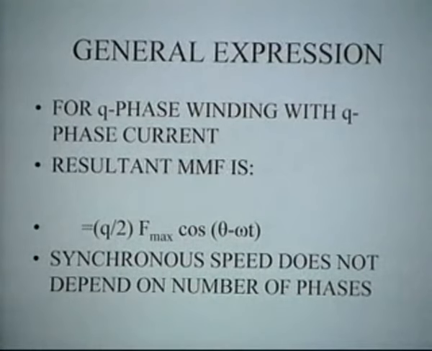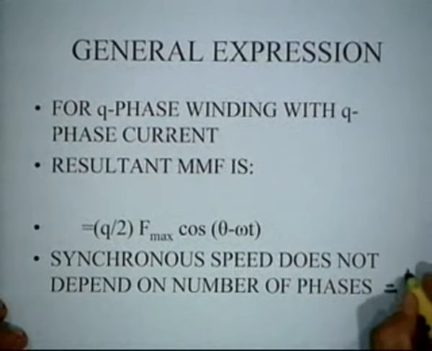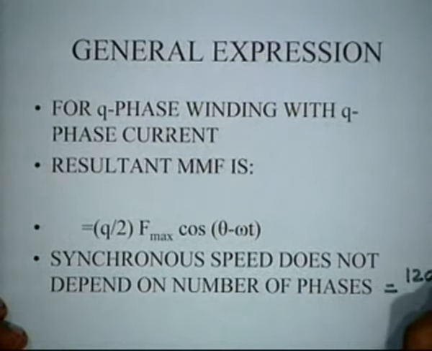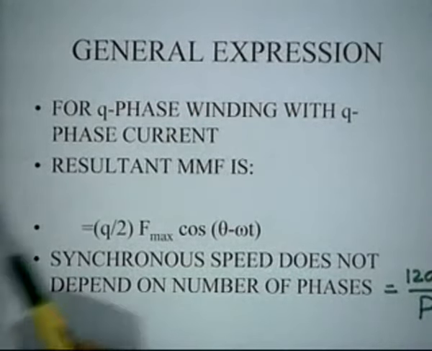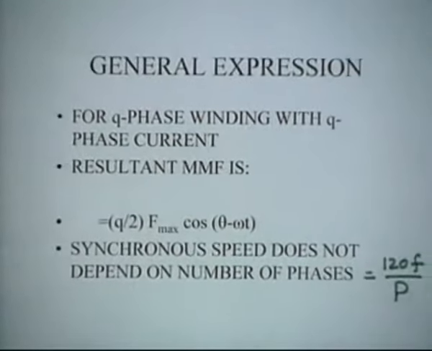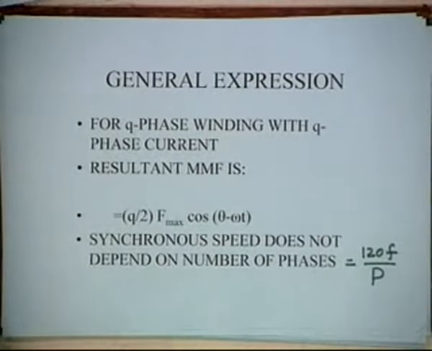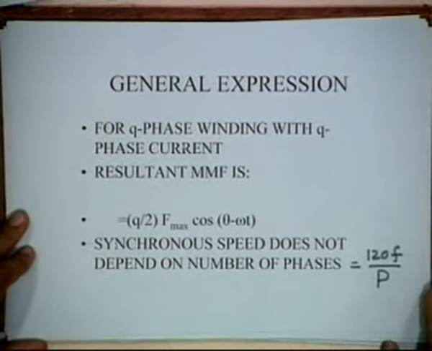Therefore, the synchronous speed does not depend on the number of phases, because it only depends upon the frequency and poles. The larger the number of poles, the less the speed, and the higher the frequency, the more the speed. If you have 50 hertz, it may run at one speed, at 100 hertz, it will run at double that speed. So, the rotating field can be changed by changing the frequency and number of poles.